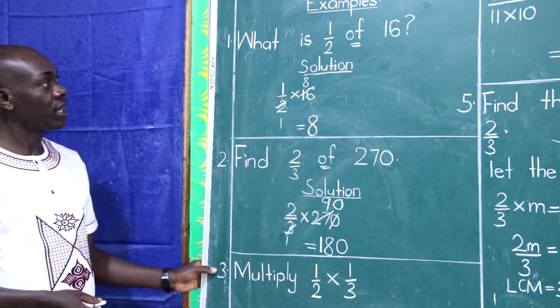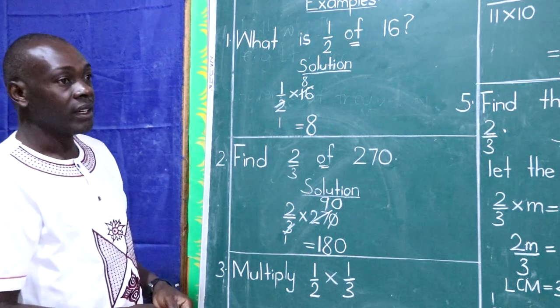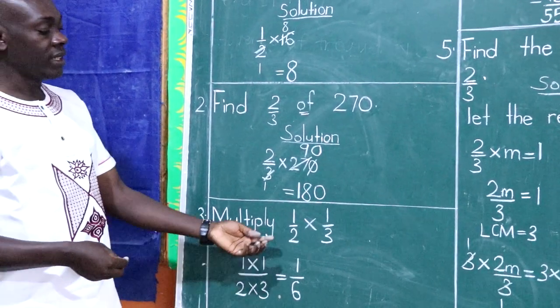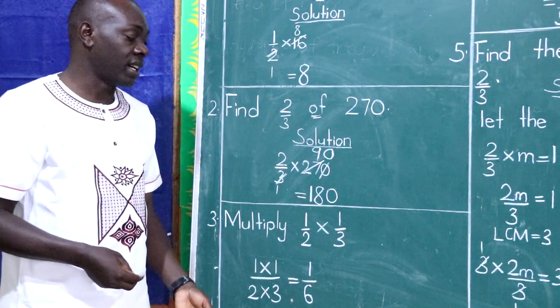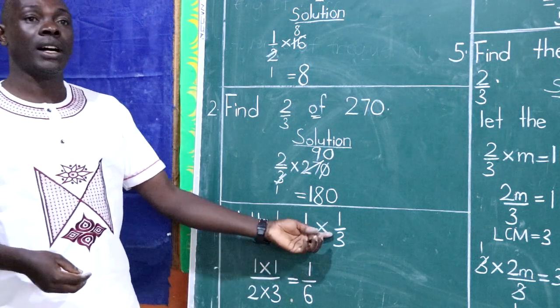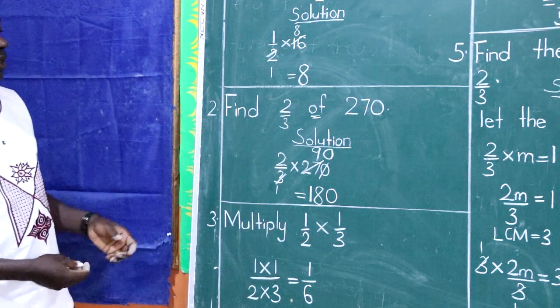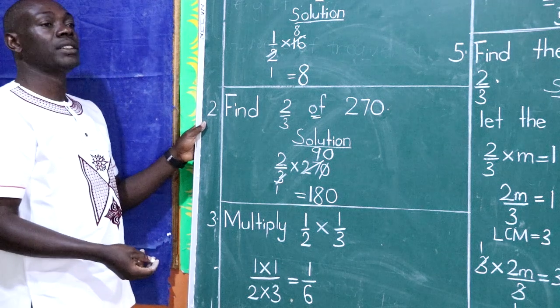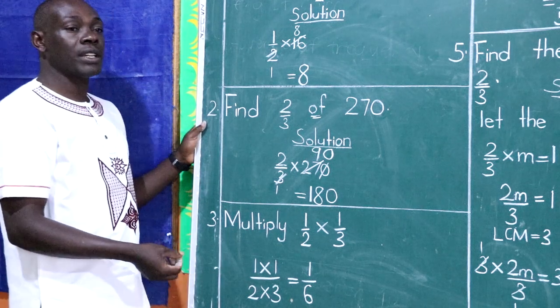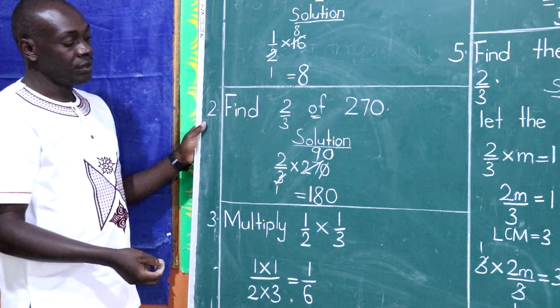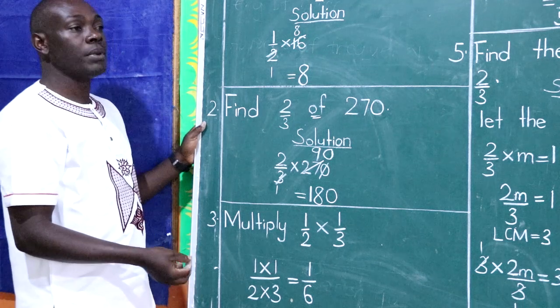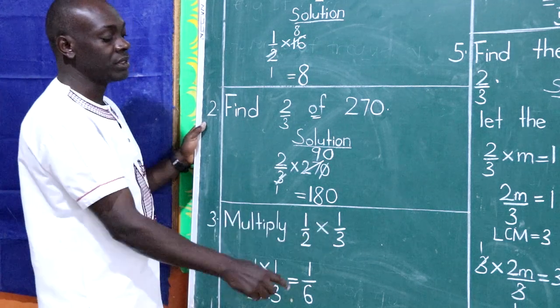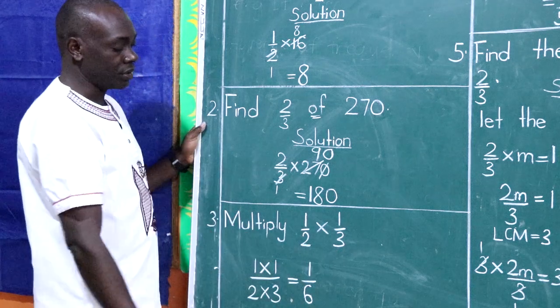Then go to example number 3, which reads: multiply a half by a third. So this is direct multiplication. In multiplication of fractions, you must note that we multiply numerators alone and denominators alone.